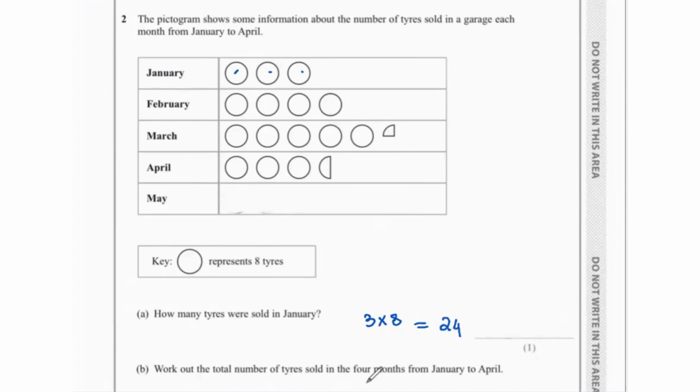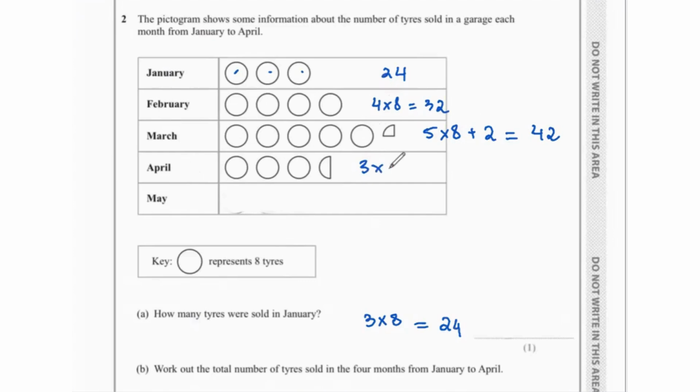Then work out the total number of tires sold in the 4 months from January to April. So this is 24. Feb is going to be 4 times 8, which is 32. March is going to be 1, 2, 3, 4, 5. 5 times 8 plus a quarter, so that's 2 more, that's 42. Then April is 1, 2, 3.